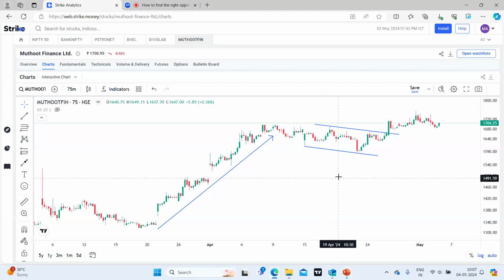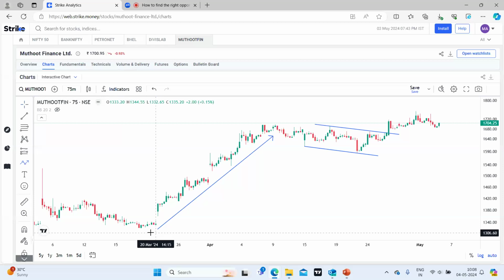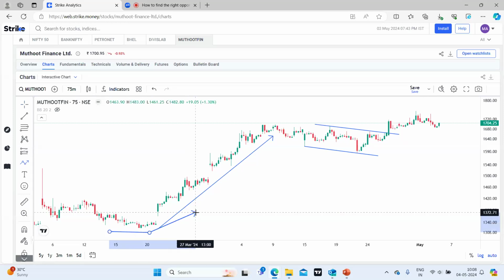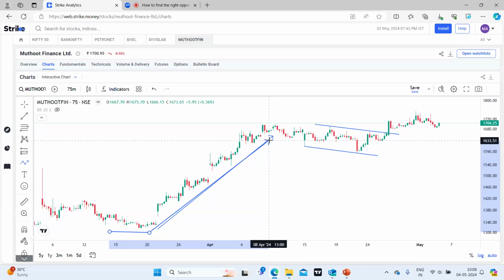How this happens is, when the price starts going up, supposing the contract starts here, then it goes up, and here the open interest starts increasing, and we'll say that it is making a long build up.